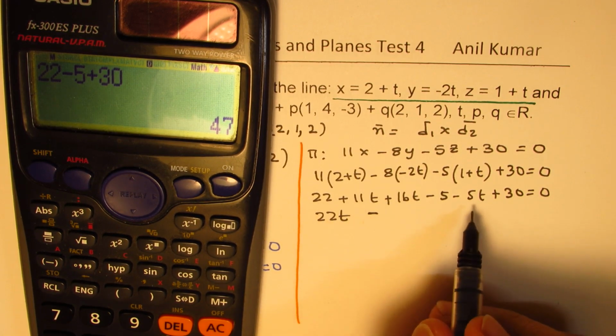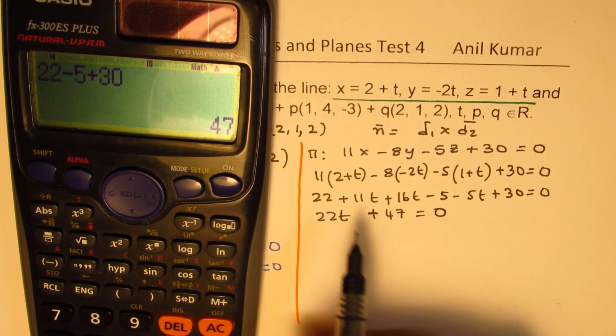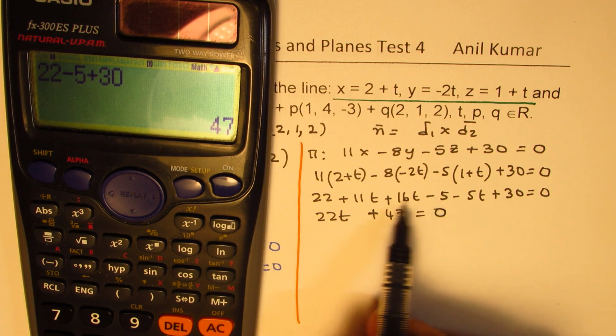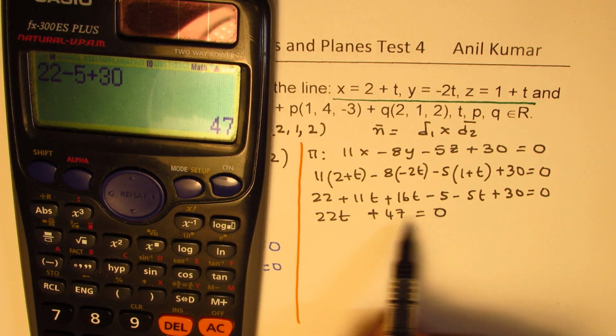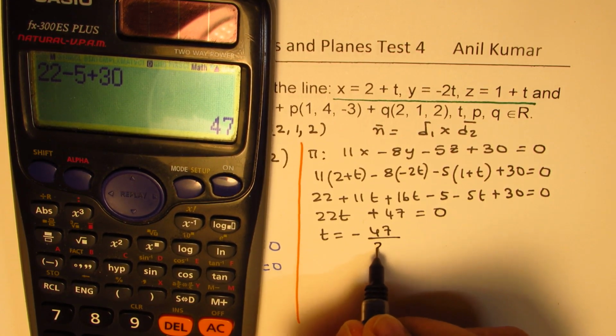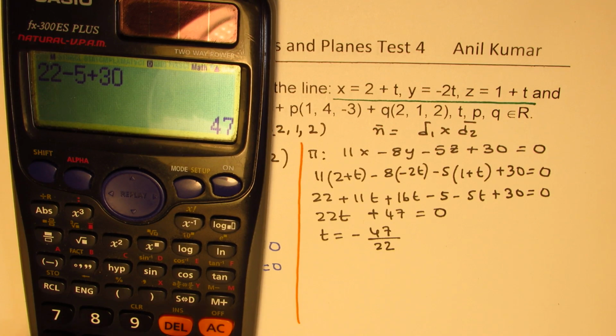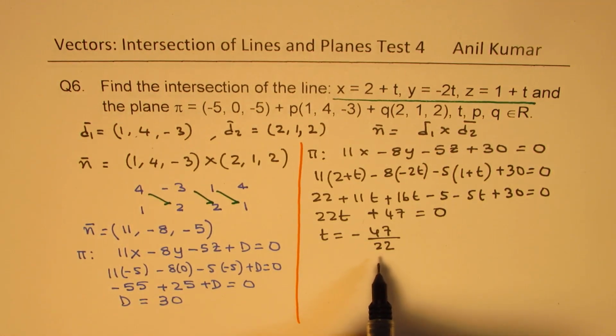So that is positive 47 equals 0. So we get t as minus 47 over 22. That's it. We get a value of t which is minus 47 over 22.